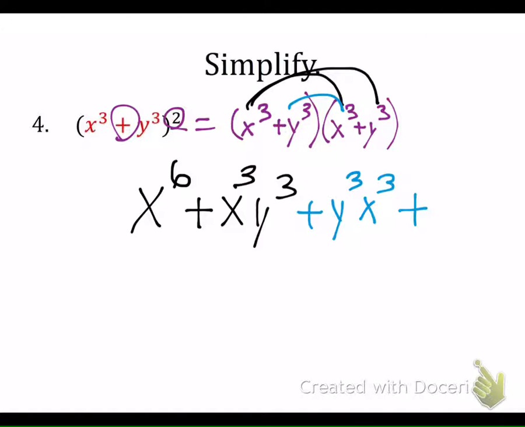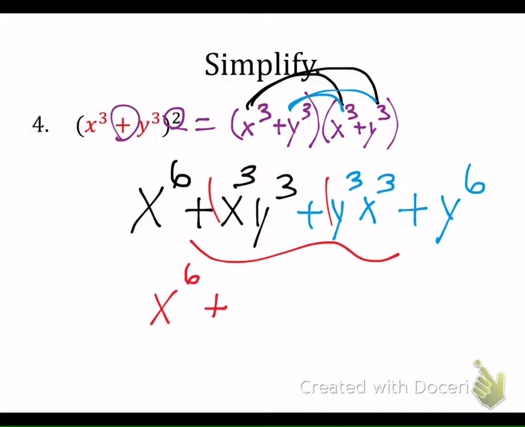And then in the back, what do we end up with? Y to the sixth. Good. Now, these are like terms, right? So what do I have in my middle term? Nope, you don't add those exponents. What do you do with them?